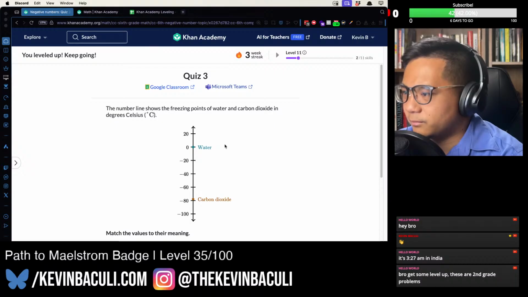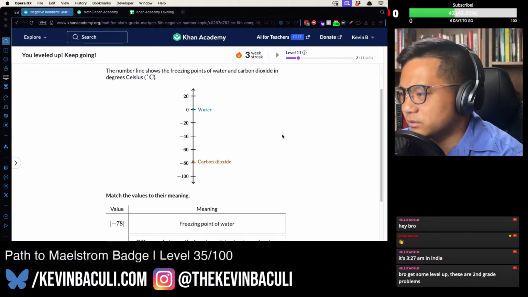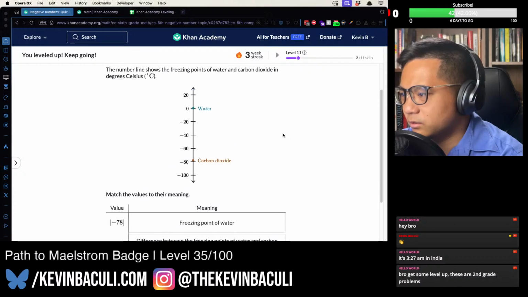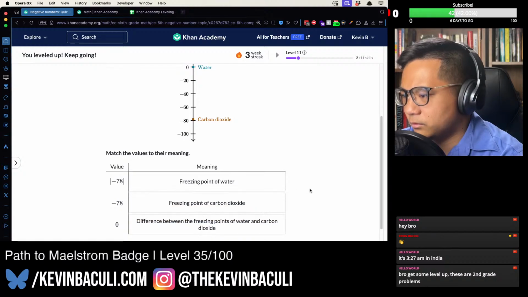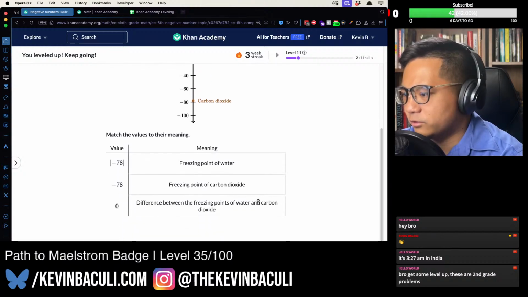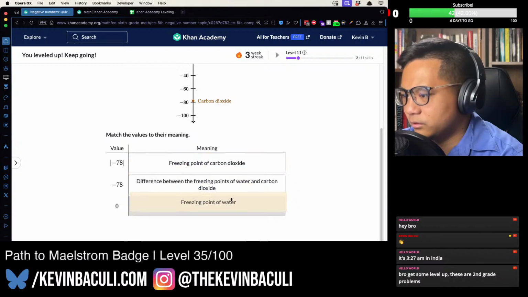The number line shows freezing points of water and carbon dioxide in degrees Celsius. Freezing point of water, 0.